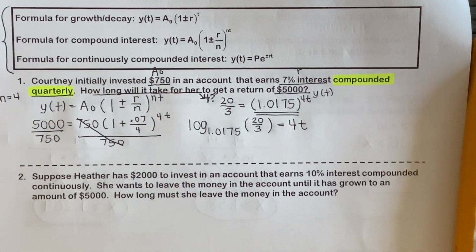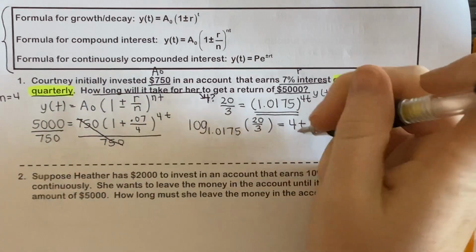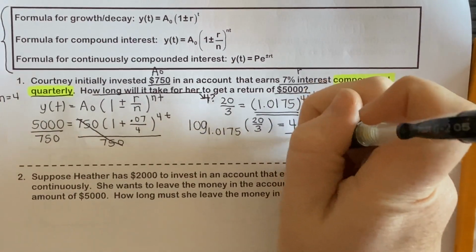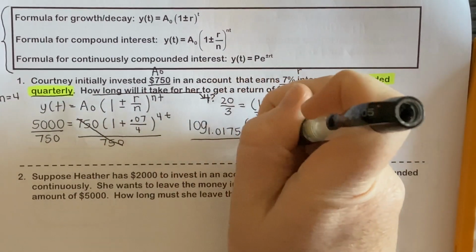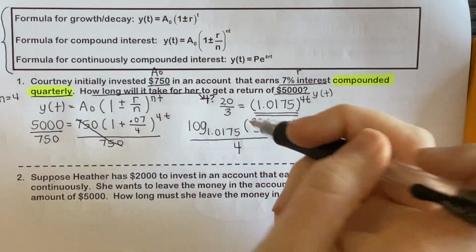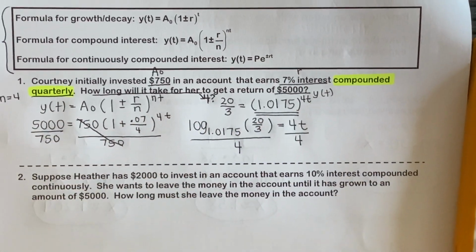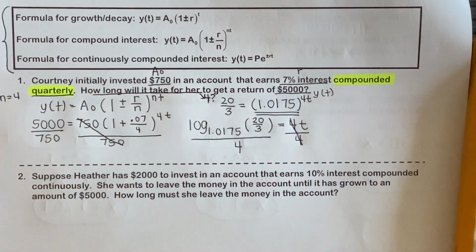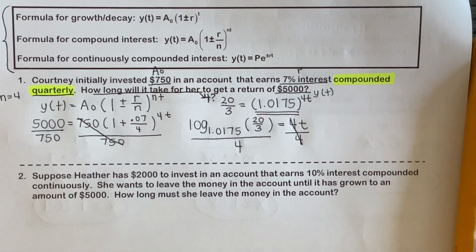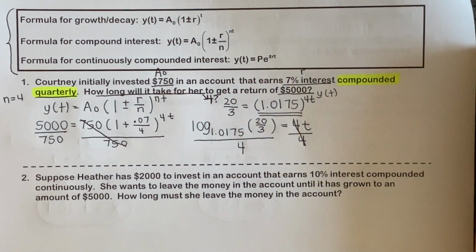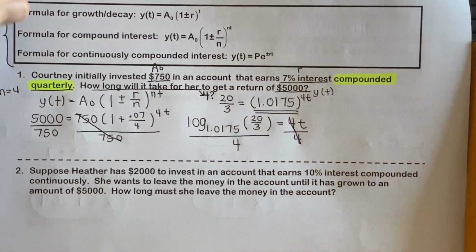Lots of ugly numbers, but the same process that we've been doing. Last step, if we wanted to solve for t, would be to divide by 4. All of that is numbers that can go in your calculator. You just need to make sure you write it in your calculator correctly. So let's go through step by step how to write that in our calculator.